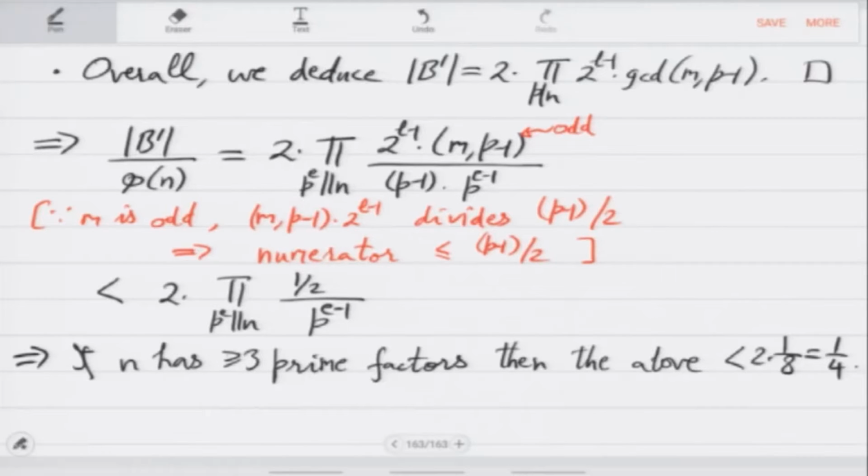Other good case is if there is a prime p dividing n such that p square divides n, which means e is at least 2 for this p, then the above fraction will be less than or equal to twice.